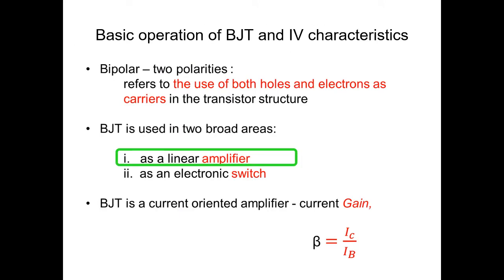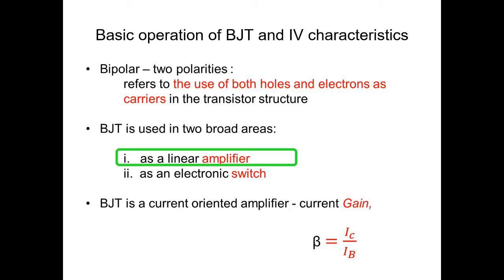BJT, or the name bipolar junction transistor, the name bipolar refers to the polarities that the BJT has. So for one BJT, they have two polarities, which refer to the holes and also the electrons as the carriers inside its structure. Okay, so there are two broad areas that use BJT.